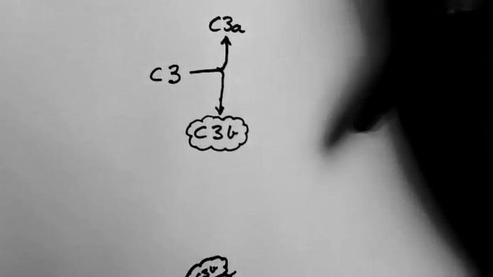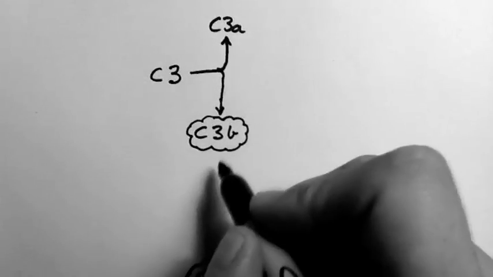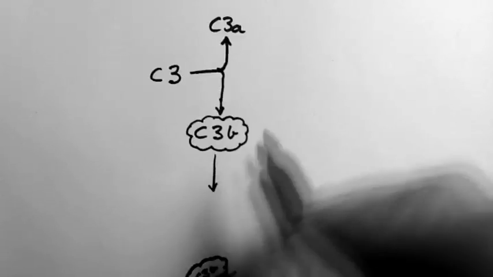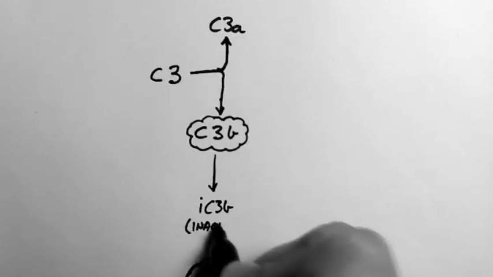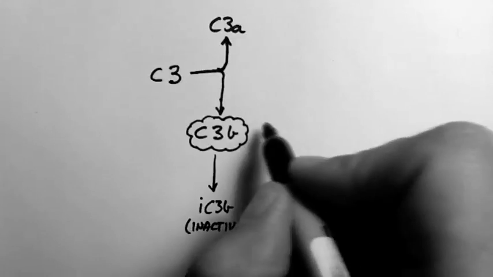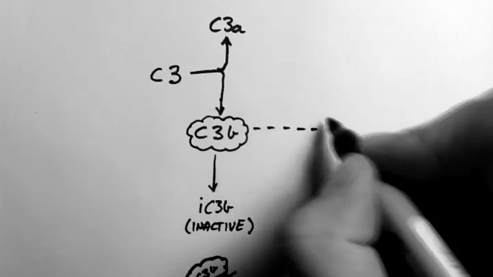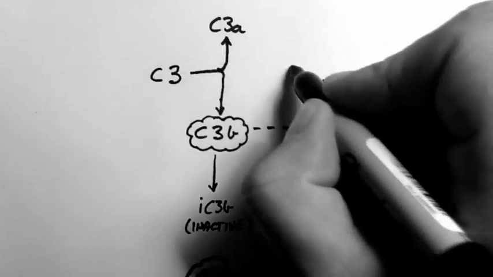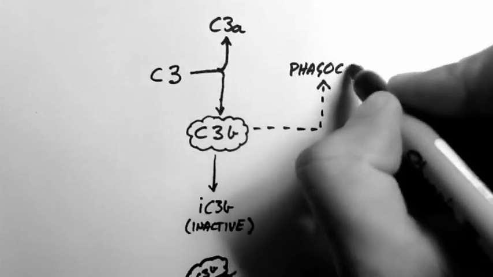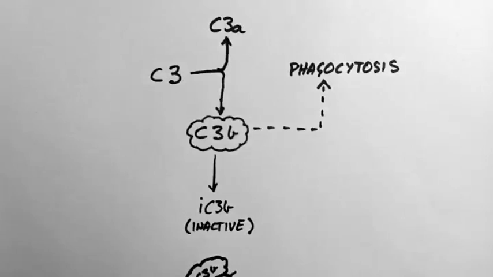Now, first of all, to stop this happening to your own cells, C3b can be inactivated by conversion to iC3b. This is the inactive form. But if it attaches to a pathogen, then there are two possible outcomes. One is phagocytosis.